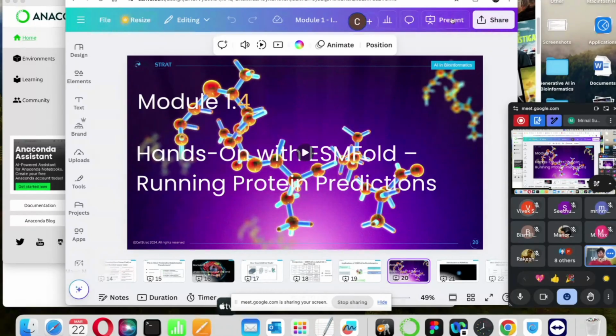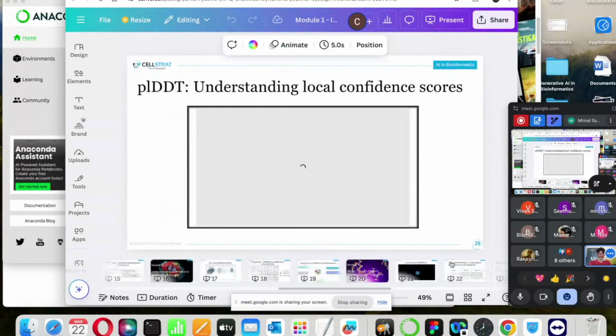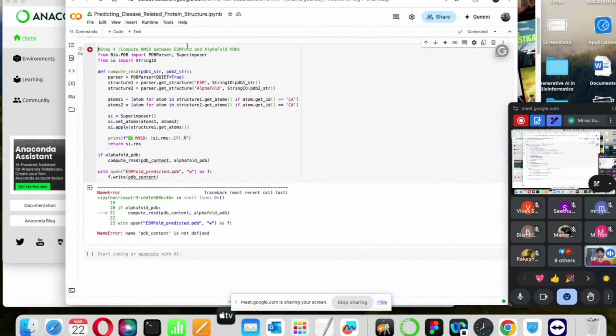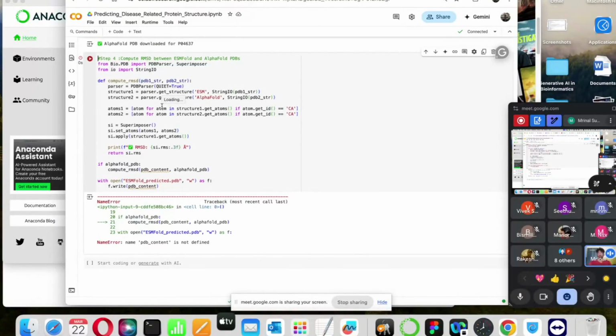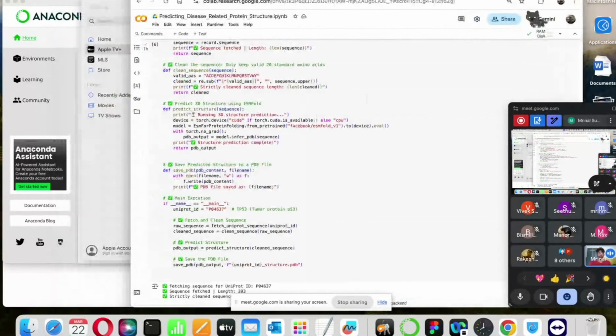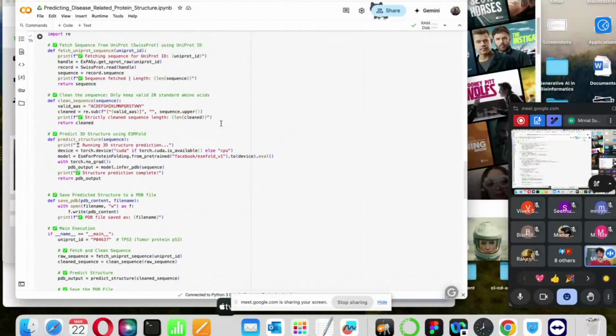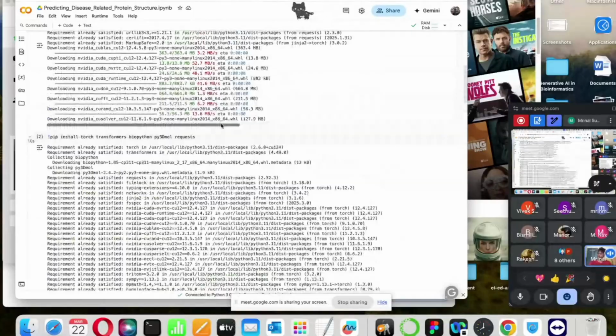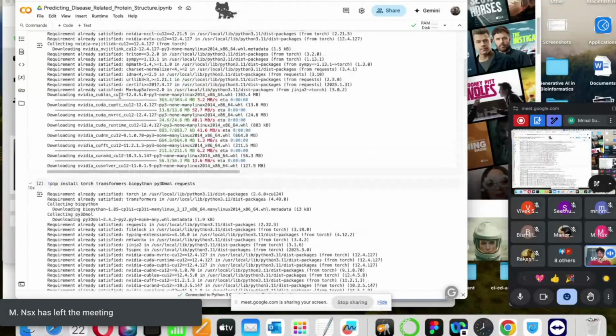We are going to predict a disease-related protein structure. I'm going to run you down the code. I have the protein structure and all the results stored already because I ran the code previously, but I'm going to run you down the code so that you can have a brief understanding of what goes into each aspect of this code.